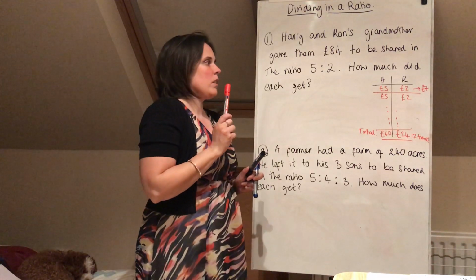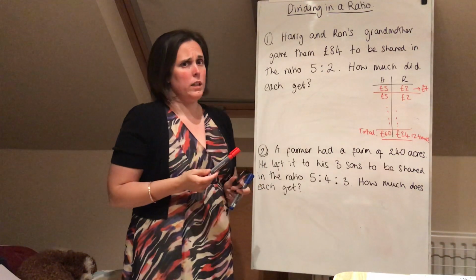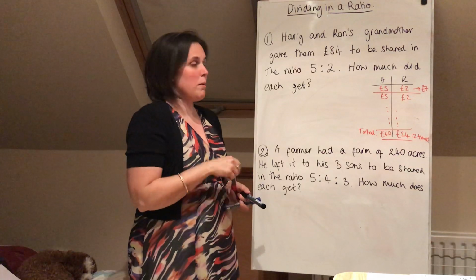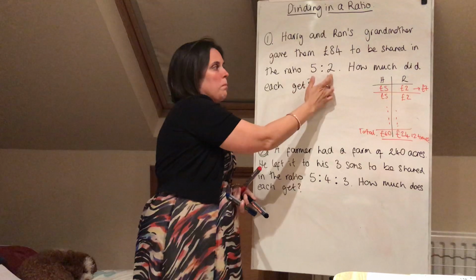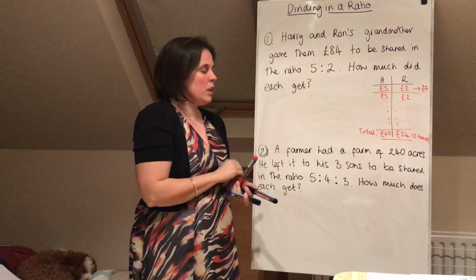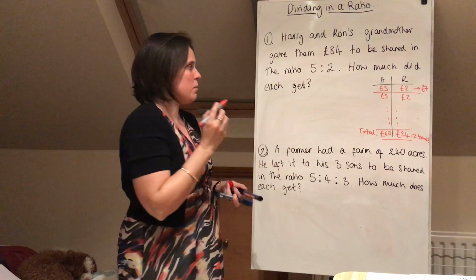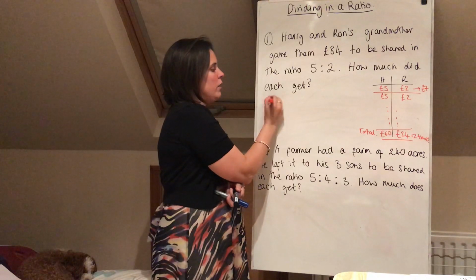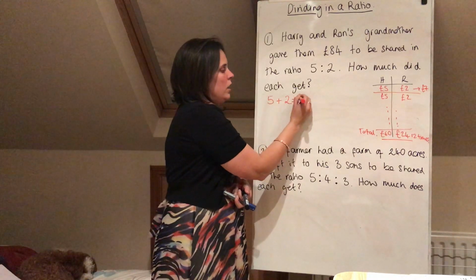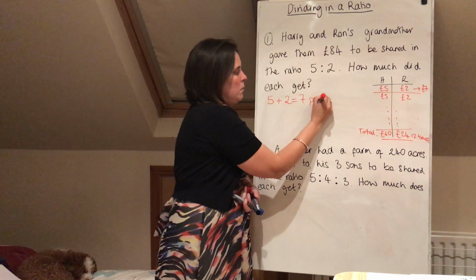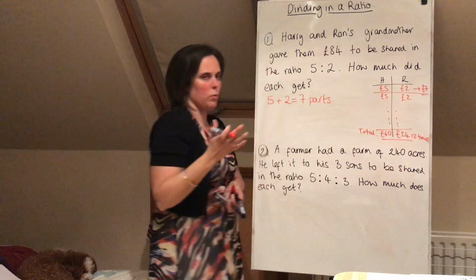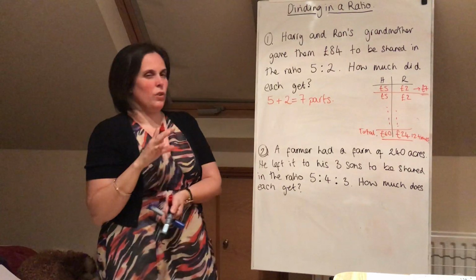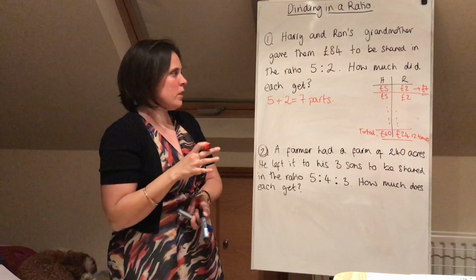Now, in reality, that's quite a long-winded way of doing something, so we must have a better way of doing it, and this is what we do. These are called parts. The first thing we do is we say 5 plus 2 is 7 parts. That gives us our total, and that's what we worked out over here. We've got 7 parts altogether.